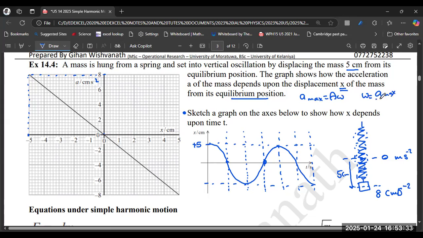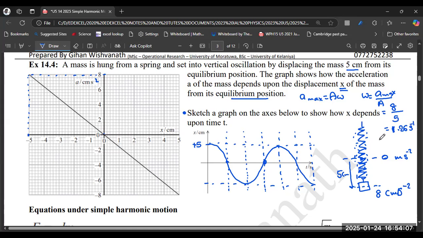Maximum acceleration divided by amplitude. Maximum acceleration is 8 centimeters per second squared. Amplitude would be 5 centimeters. As they both have centimeters, I didn't bother about converting. Then this is 1.26 per second.